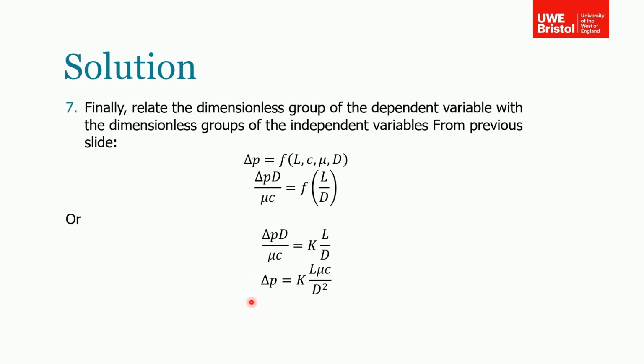We end up with this relationship. So we can see here that the change in pressure is equal to some constant times the length, viscosity, velocity, all over the diameter squared.